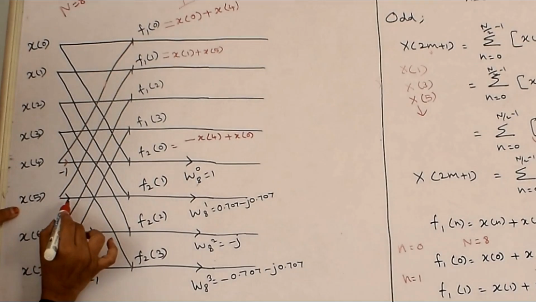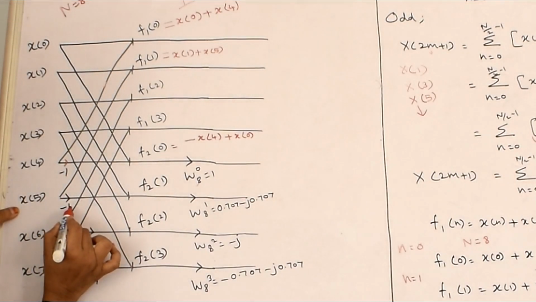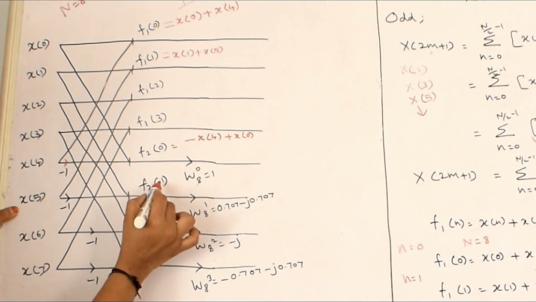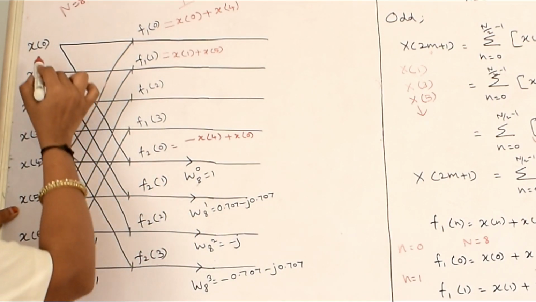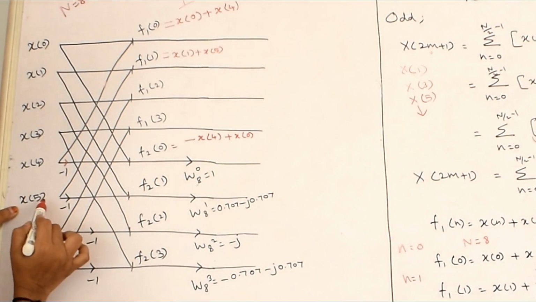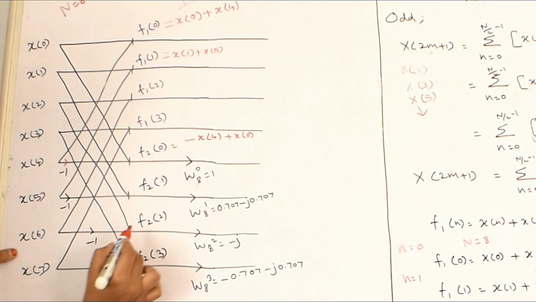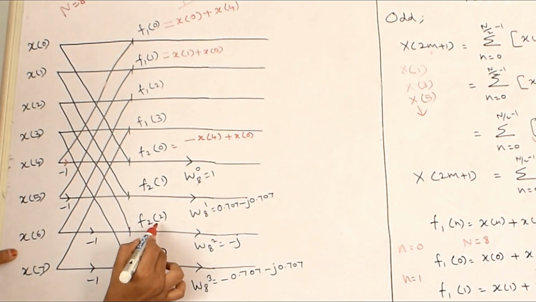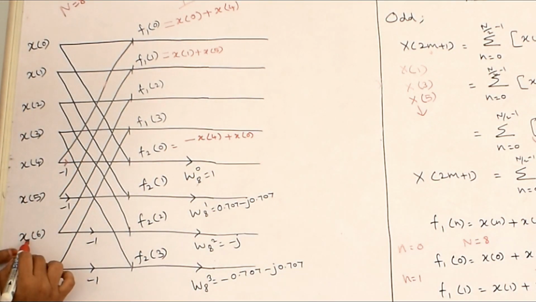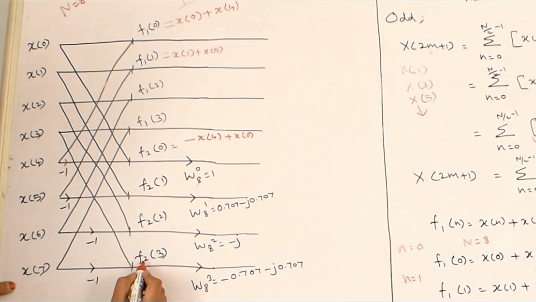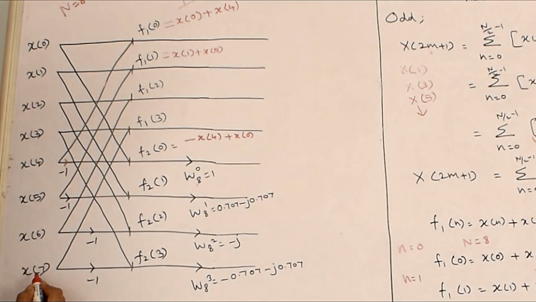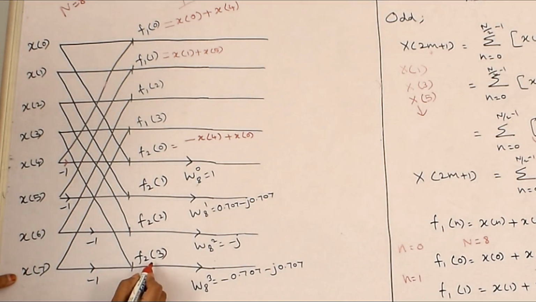Same way, here I am introducing minus 1, so I will get f2 of 1 is equal to x of 1 minus x of 5. f2 of 2 is equal to x of 2 minus x of 6. f2 of 3 is equal to x of 3 minus x of 7.